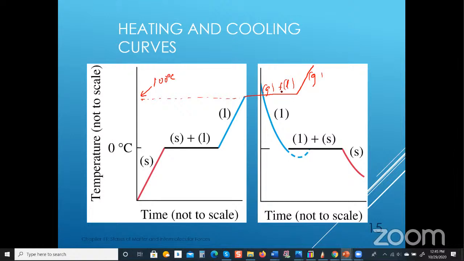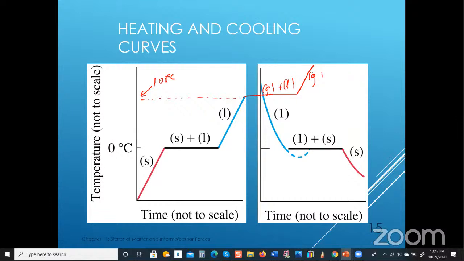Of course, the values of the boiling points and the freezing points will differ according to the substances, and even the length of time required for melting or vaporization will vary for different substances, all right? And that's basically what happens when it comes to the heating curve. The cooling curve is basically the flip side, or the mirror image, of the heating curve, right?